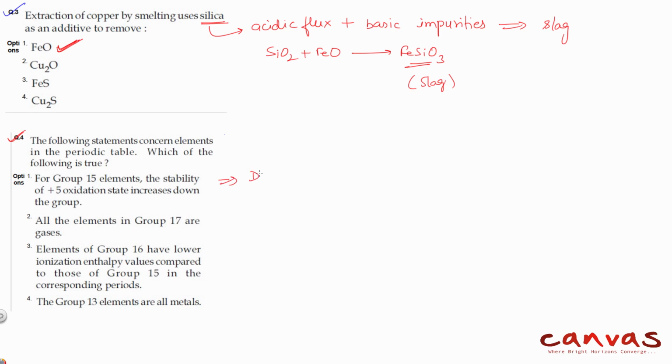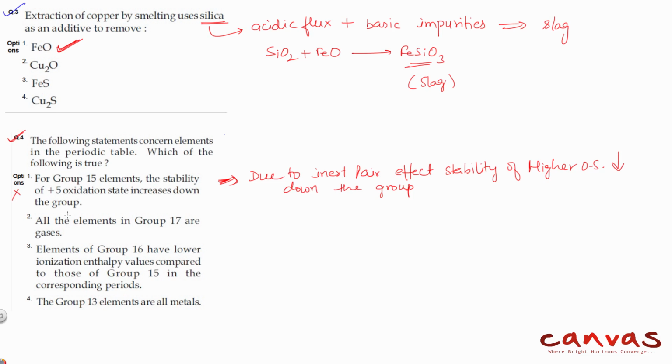Now we know that due to the inert pair effect, the stability of the higher oxidation state decreases down the group, because as we go lower in the periodic table, the tendency of the inner s electrons to participate in bonding is less. So they do not participate. That is why it is called the inert pair effect. So this statement is wrong.